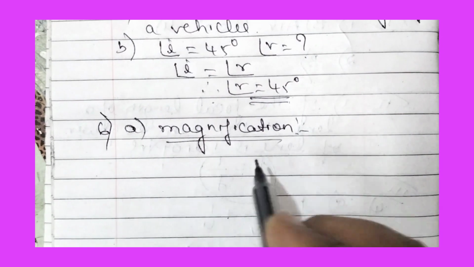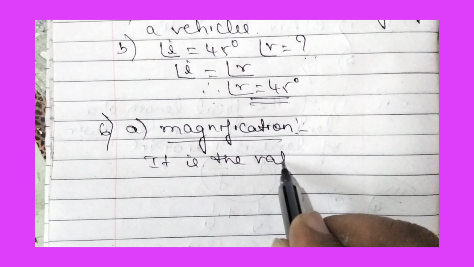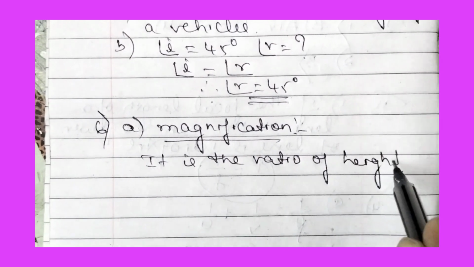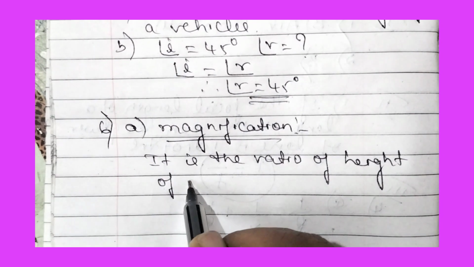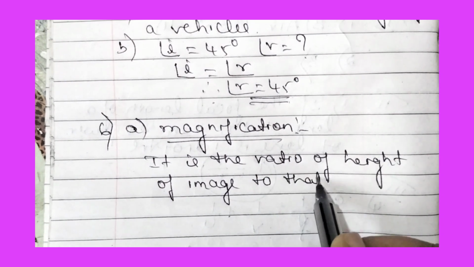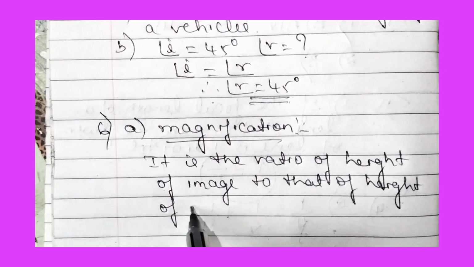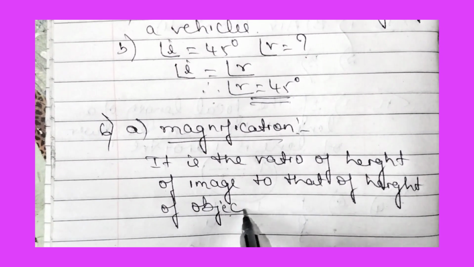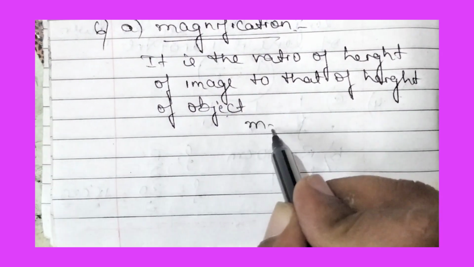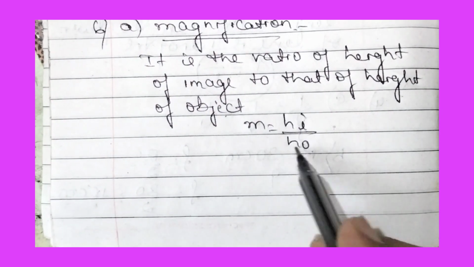Magnification is defined as the ratio of the height of the image to that of the height of the object. Magnification is equal to hi divided by h naught: height of the image, height of the object.